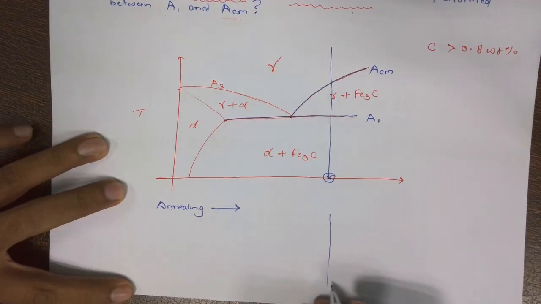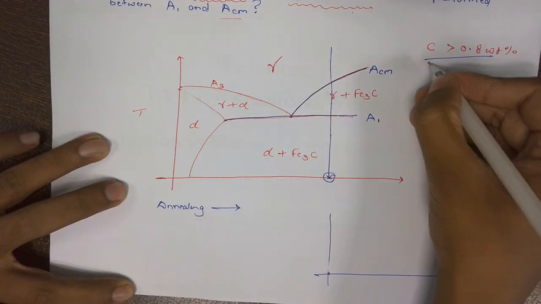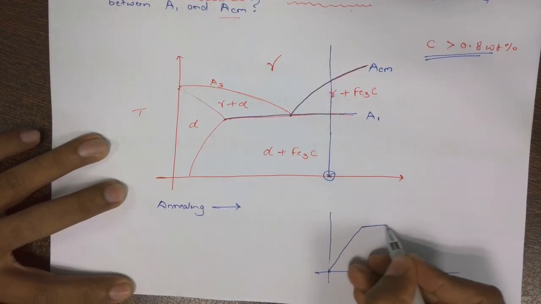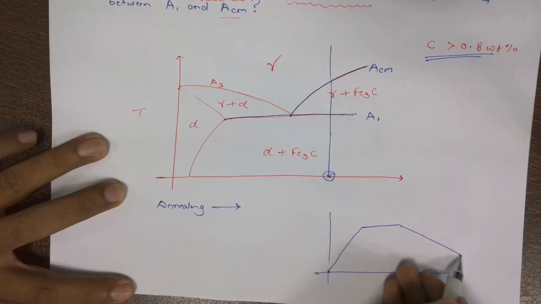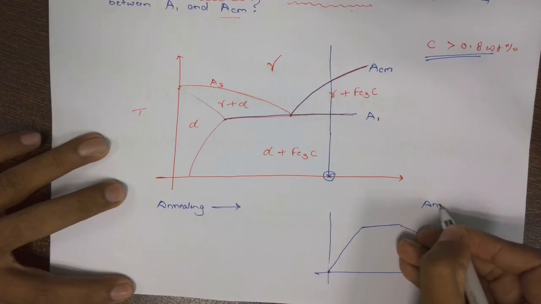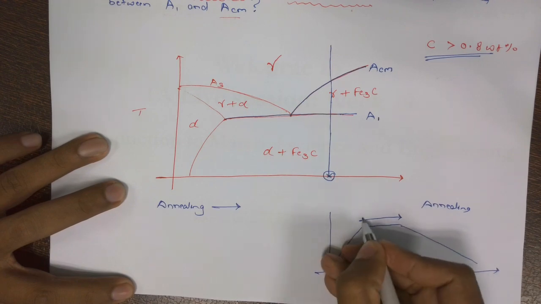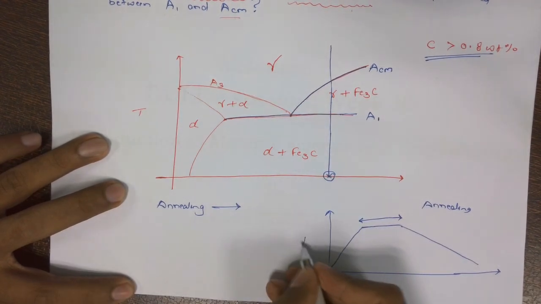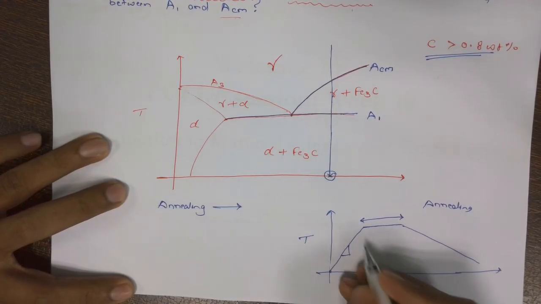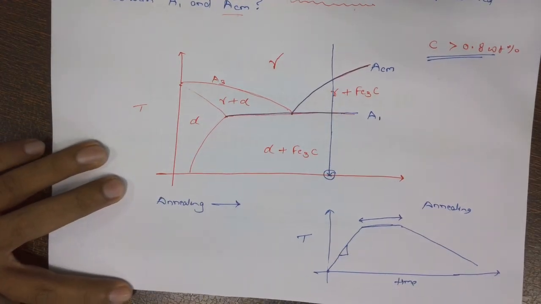So we start from room temperature, taking a carbon percent of more than 0.8, we heat it, and after that we slowly cool it. This process is known as annealing. This is a soaking period, this is temperature, and this is time. We are heating at a particular rate, holding, and then slowly cooling it down.